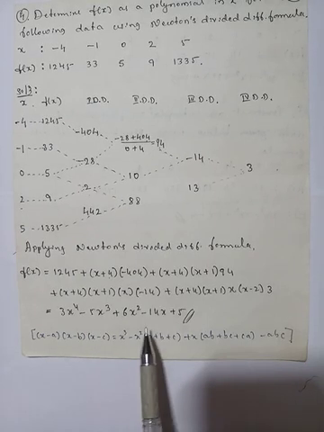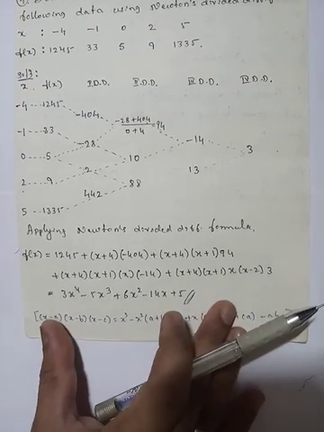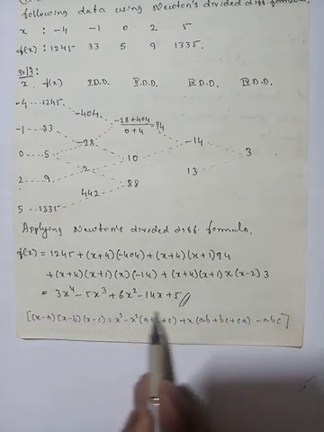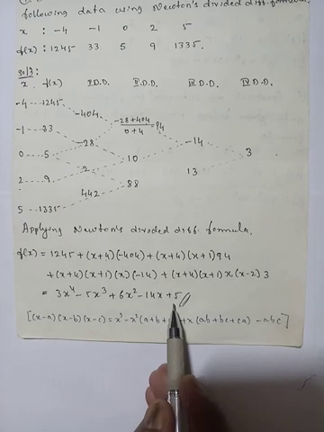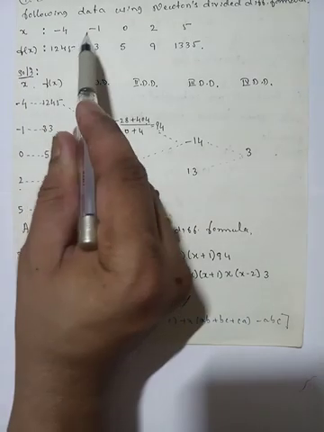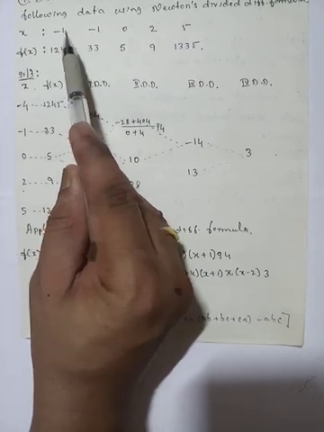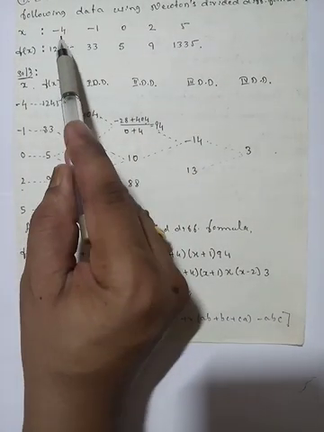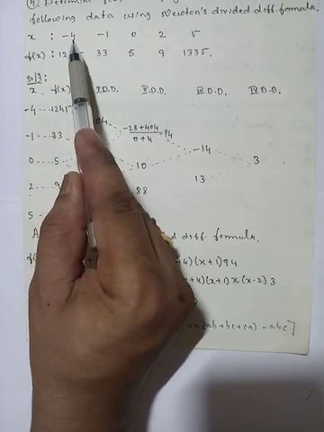And remember one point: in problems on the polynomial, after getting the polynomial, you can verify your answer by substituting the values of x. See here, in this obtained polynomial, you can put x equal to minus 4.